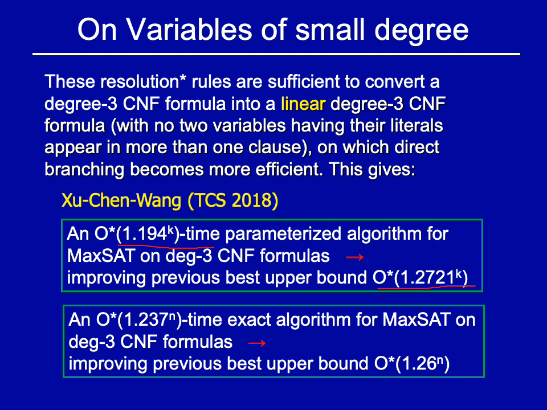And I also use the same technique if you consider the algorithms in terms of the parameter n, i.e. the number of variables, then our algorithm has a 1.237 to the n complexity, which also improves the previous best bound, which is 1.26 to the n.